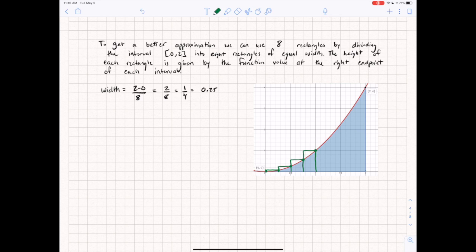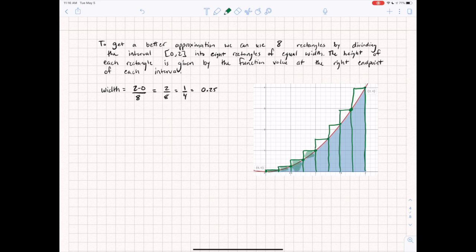Then 1.25, to 1.5, to 1.75, and then 2. All right, so just kind of freehanding. So then kind of shading these in. I want to find these areas.